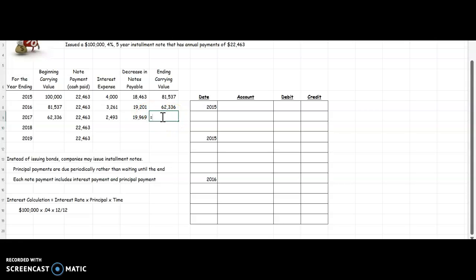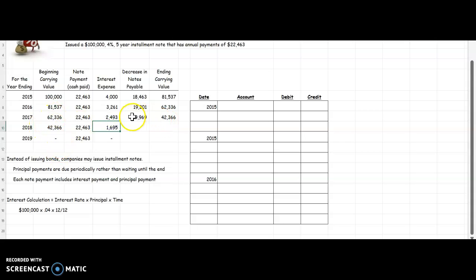And then ending carrying value is always beginning carrying value minus the decrease in notes payable. Now I'm just going to copy this formula down. So make sure that you put in that the beginning balance equals the carrying balance if you want to copy the formula.